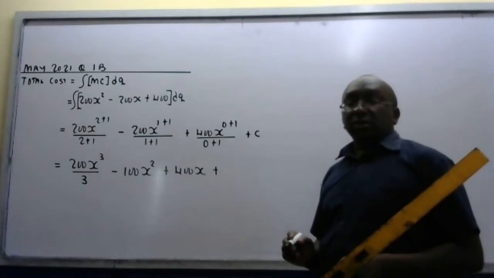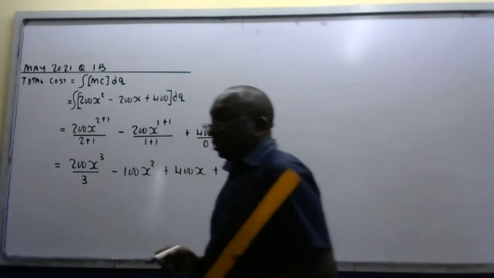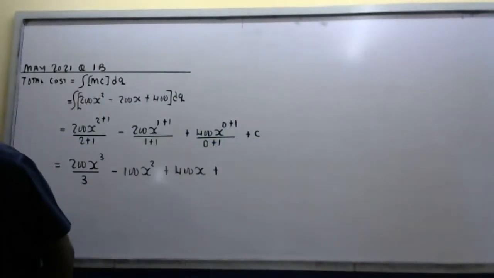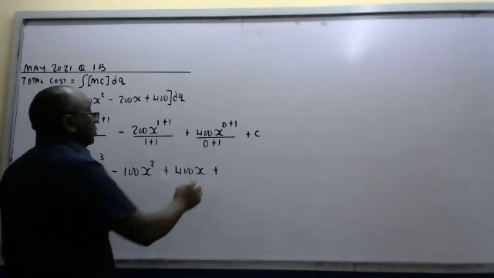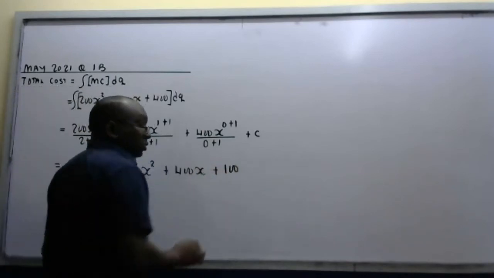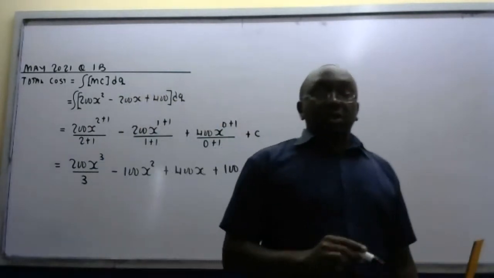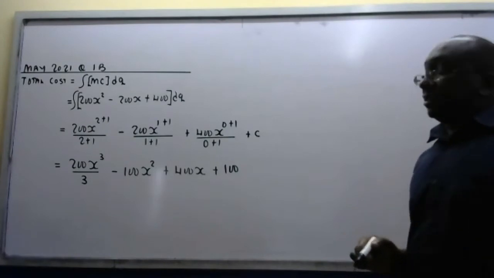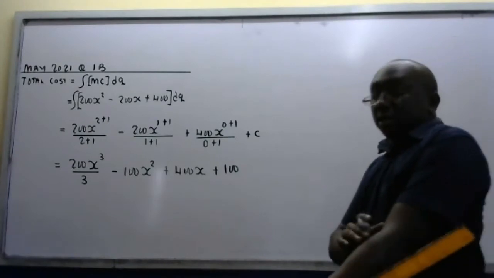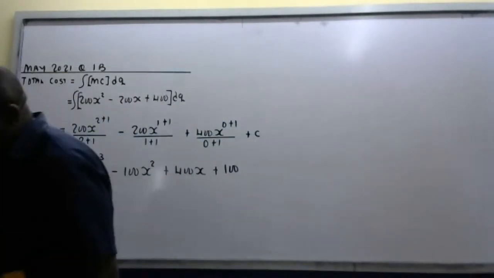So in our question, the fixed cost is 100,000. And because the equation is in thousands, you just put 100. So the 100 is the fixed cost. So we have answered the first requirement, which was total cost.